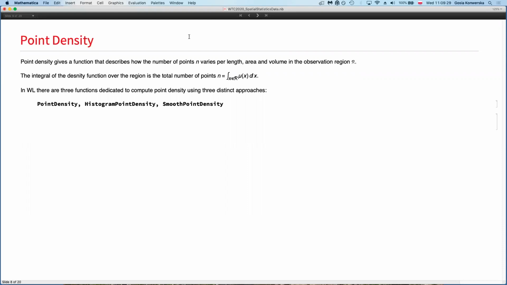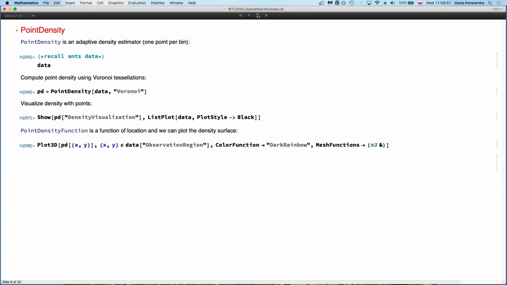And this is maybe not a density in a strict sense, because when we integrate this function over the observation region, we get the total number of points within this observation region. And in Wolfram Language, we have 3 functions that are dedicated to computing point density. They all use distinct approaches. So we have PointDensity, HistogramPointDensity, and SmoothPointDensity. And I will talk about each in a bit more detail.